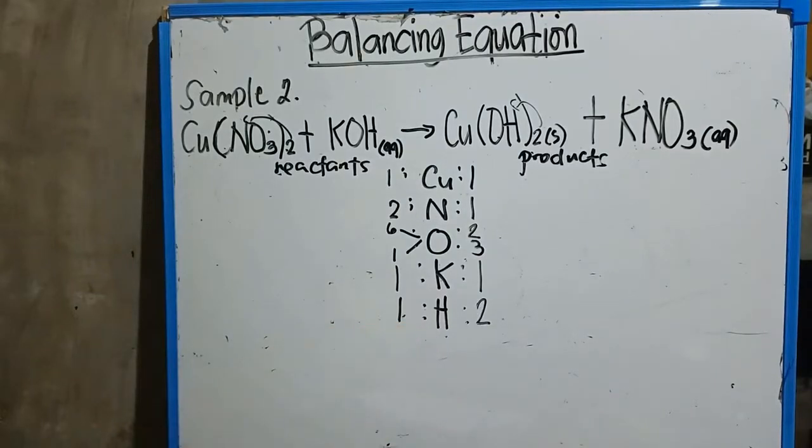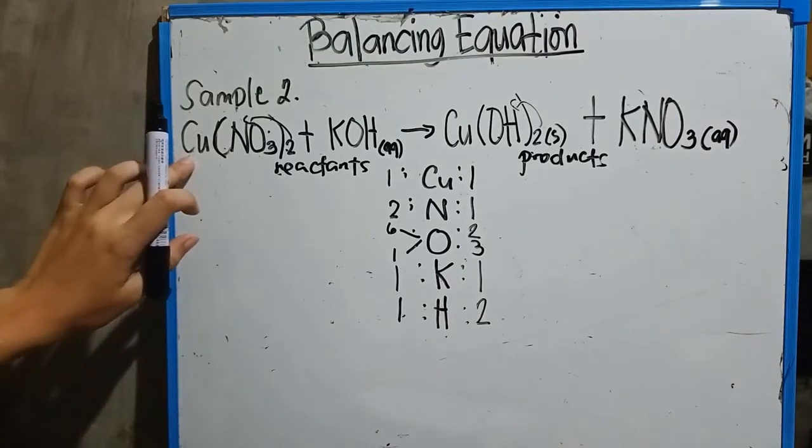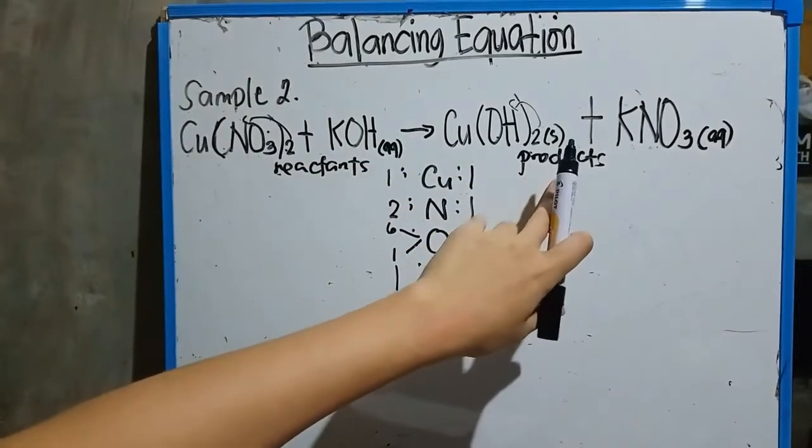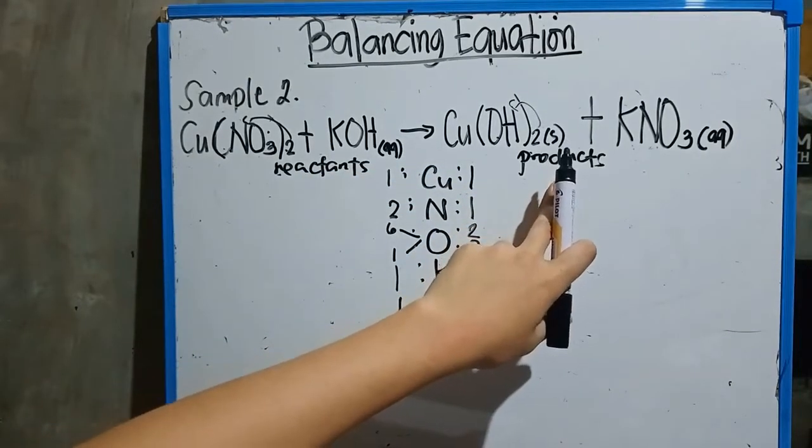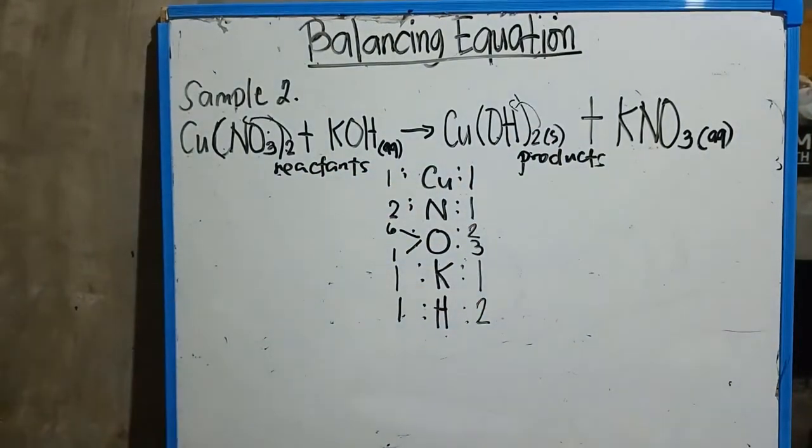Next, we're going to find the least number to use in order to balance our chemical equation or skeletal equation. So why not we use 2 first. As you observe here, our copper in the reactants and the product is balanced, so we can leave it.